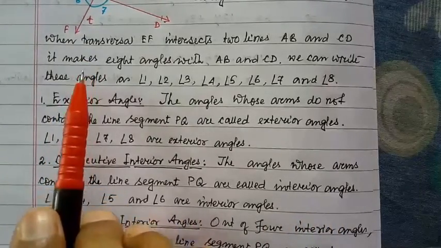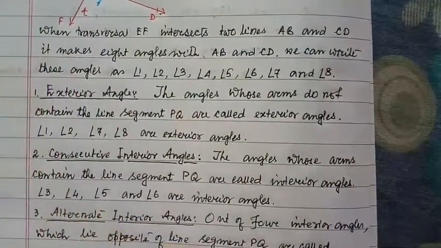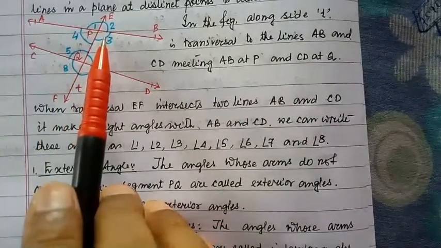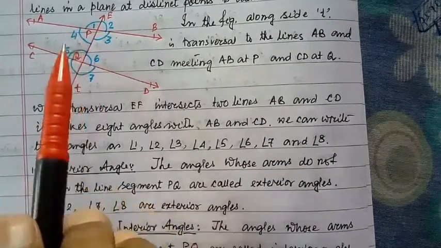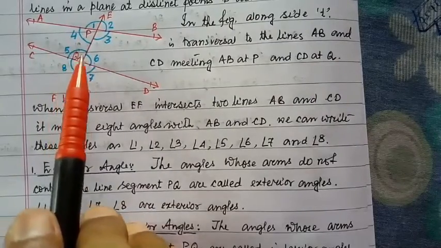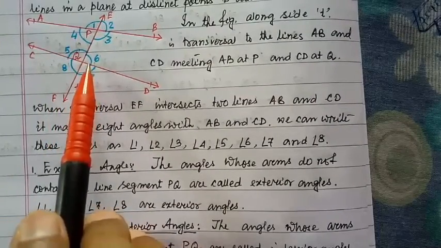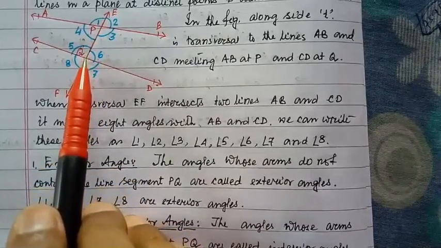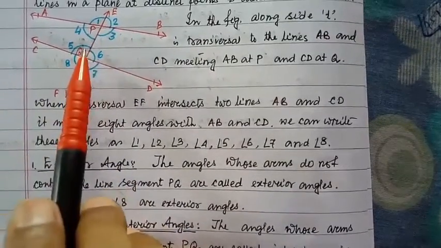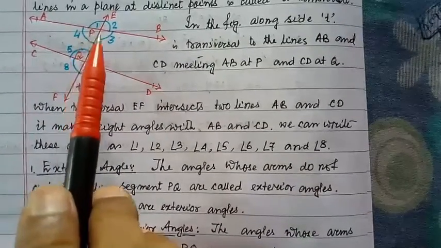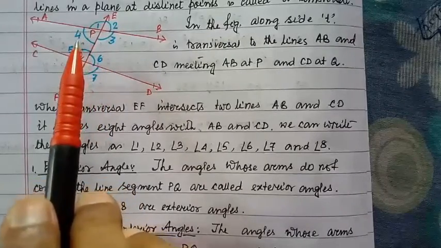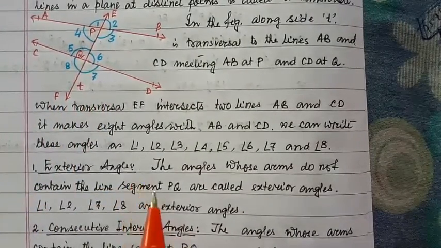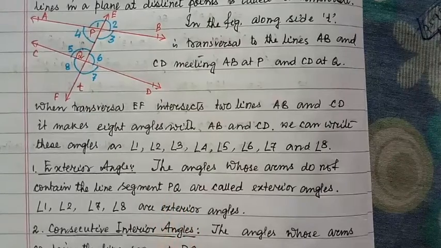Now in the figure, angle 3, angle 4, angle 5 and angle 6 contain the line segment PQ as their arms. Therefore, angle 3, angle 4, angle 5 and angle 6 are called interior angles.